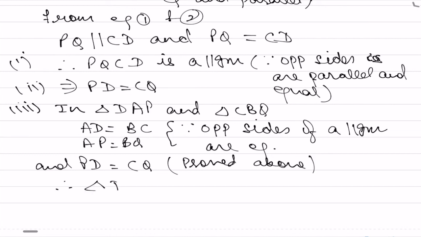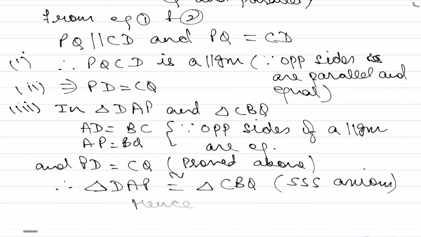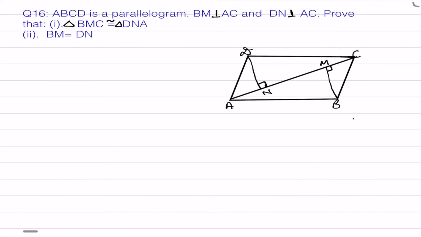Therefore, triangle DAP is congruent to triangle CBQ by SSS axiom. So, hence proved. Now see the last question for today, question number 16.